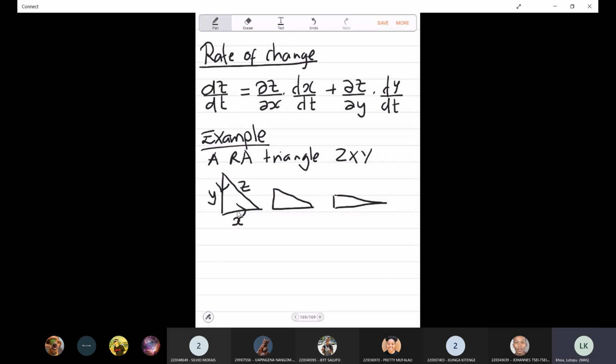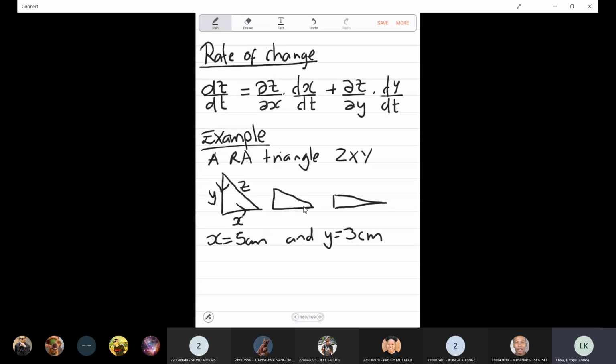So we want to find out when x is equal to 5 centimeters. So x starts at some number, maybe it was 7 centimeters. Now we measure x when x is 5 centimeters, and at the same time y is 3 centimeters.